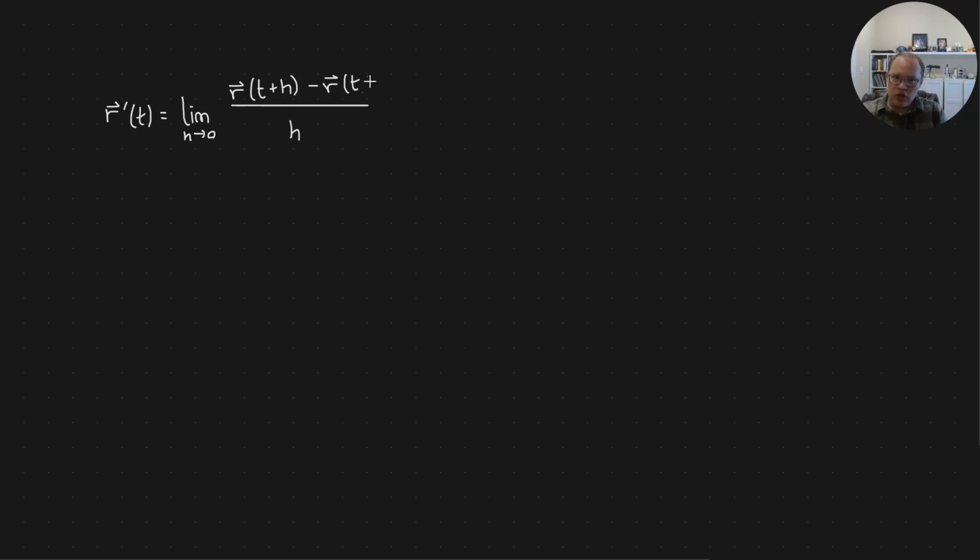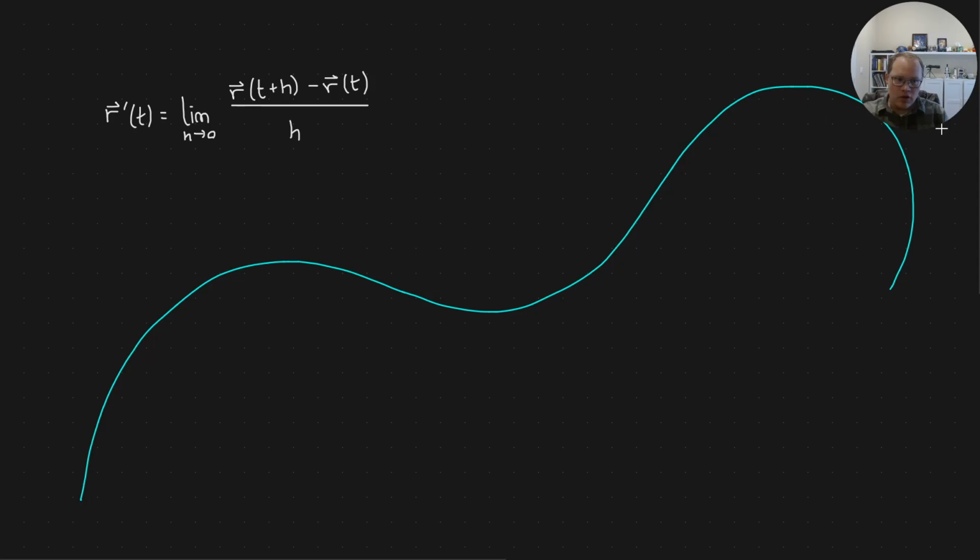Now we can get some intuition on what this derivative is doing by thinking of this pictorially. So imagine this curve is the graph of r of t. And let's focus on the derivative at a particular point. Instead of thinking about the derivative function, let's think about the derivative at one point where t is equal to some value, say a.